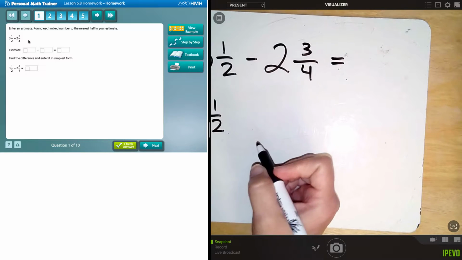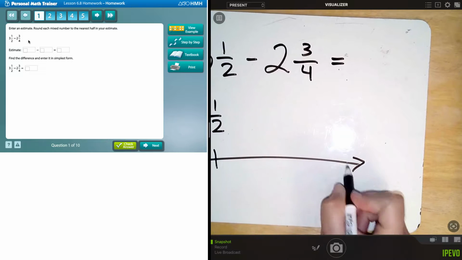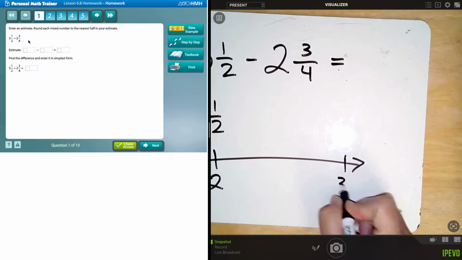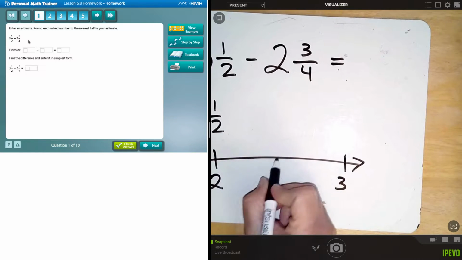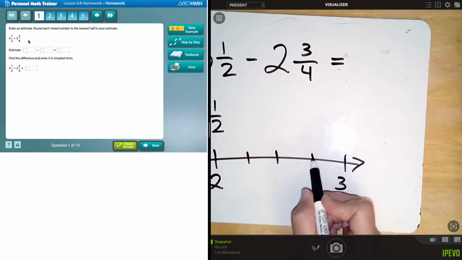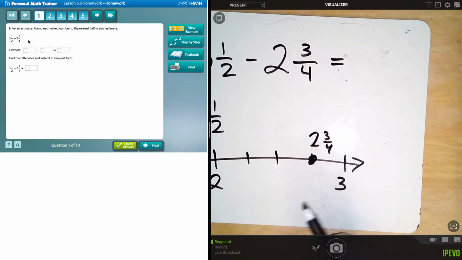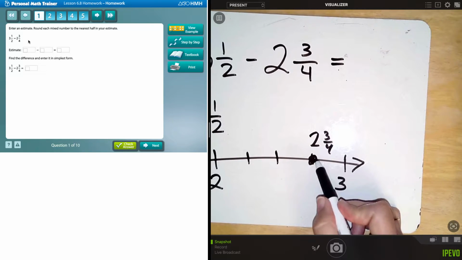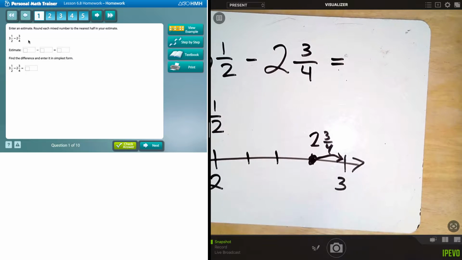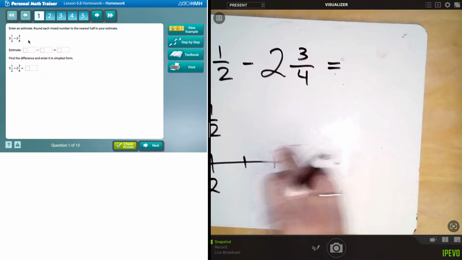But 2 3/4, if I were to try to place 2 3/4 on a number line between 2 and 3, and I'm going to divide it into 4 equal parts, this is where 2 3/4 would fall, and it would actually round up to 3. So 3 would be the nearest half, right?